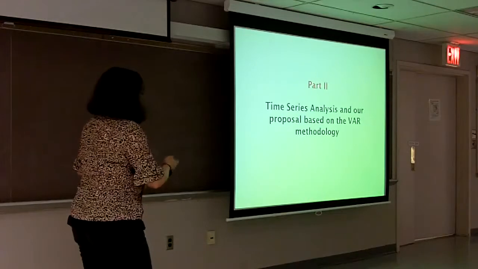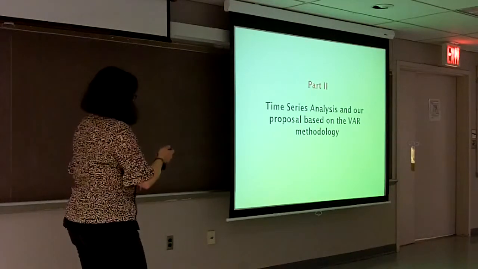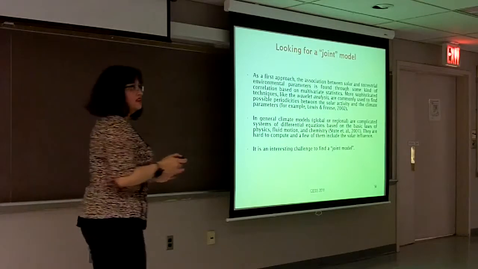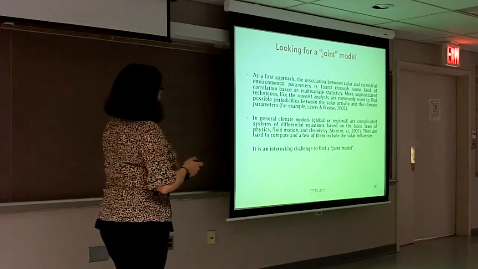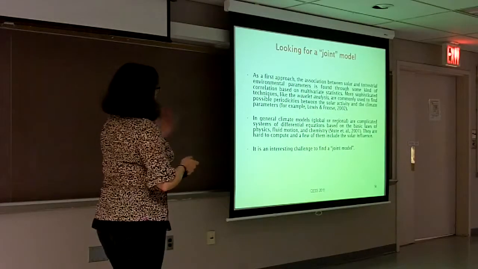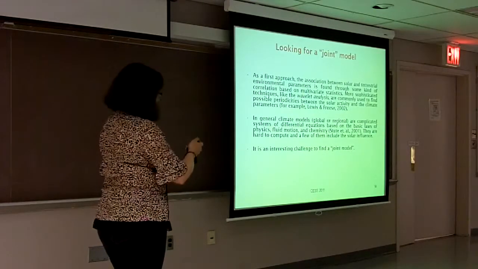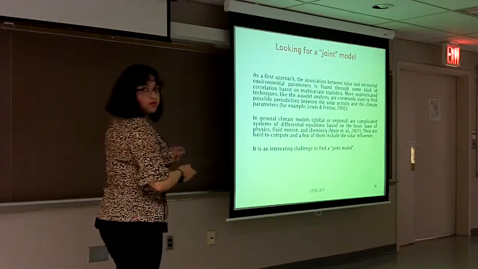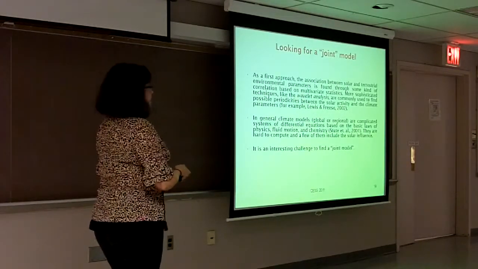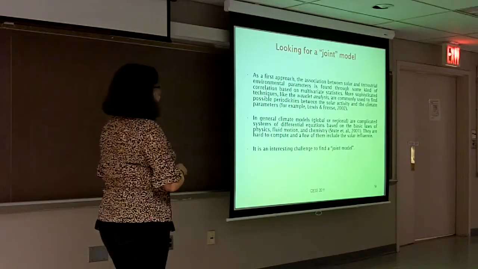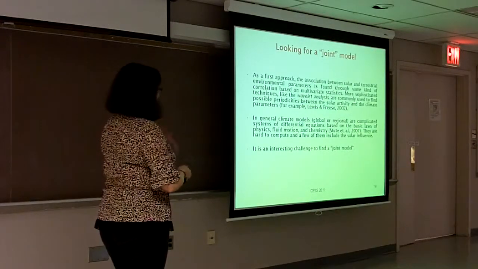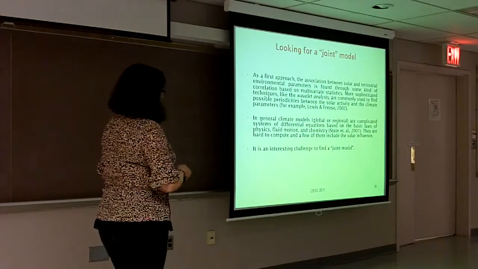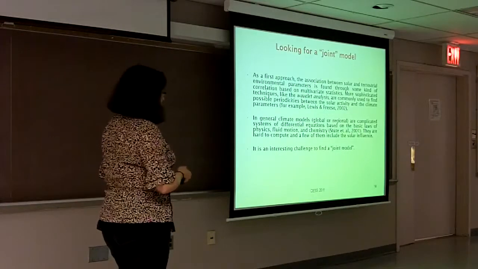So the second part is about the time series analysis. The important thing in this work is to look for a joint model. As a first approach, the association between the solar and terrestrial environment parameters is found through some type of correlation, and more sophisticated techniques like wavelet analysis tend to do that. But the problem with wavelet analysis in this sense is that it finds periodicities that are not really true.